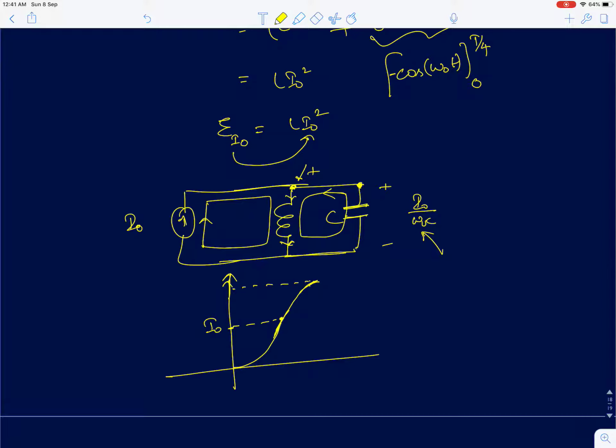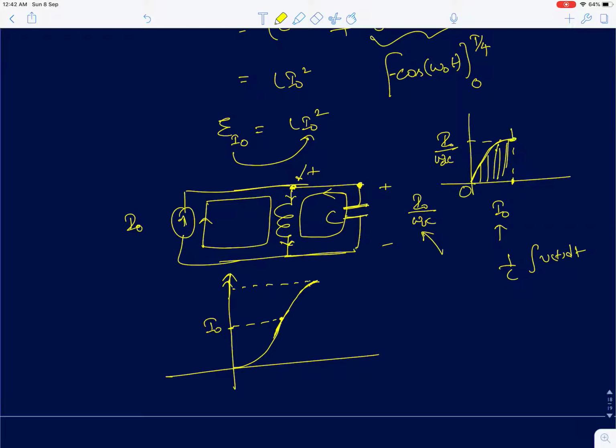See, when you actually try to integrate the voltage across the capacitor in the positive half cycle, the inductor was building a current I naught, right? We had I naught by omega naught C, so inductor current is simply 1 by L integral V dt. So the inductor took to build a current I naught when the voltage across the capacitor rose from 0 to a peak value.